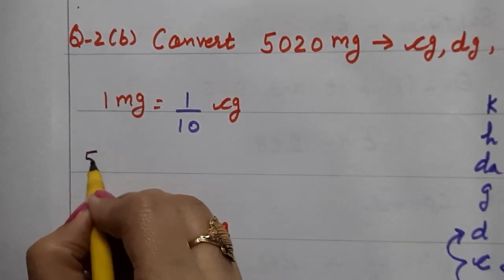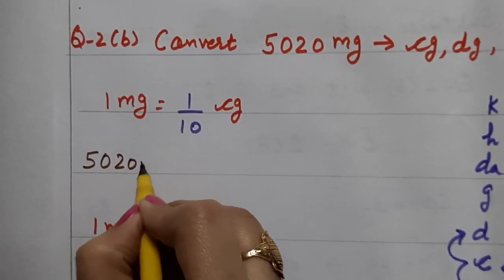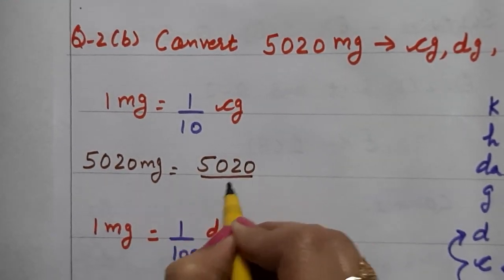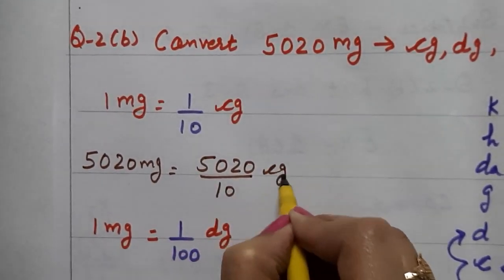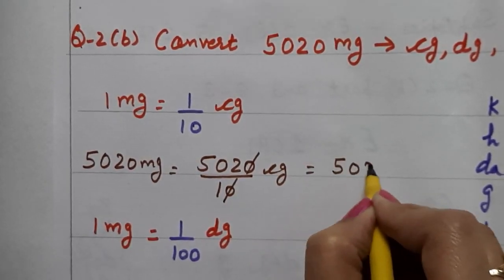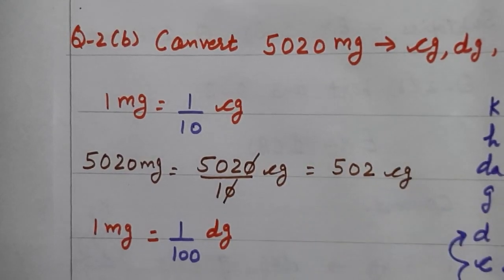Now our number is 5020 milligram is equal to 5020 upon 10 centigram. Cancel the 0. Is equal to 502 centigram.